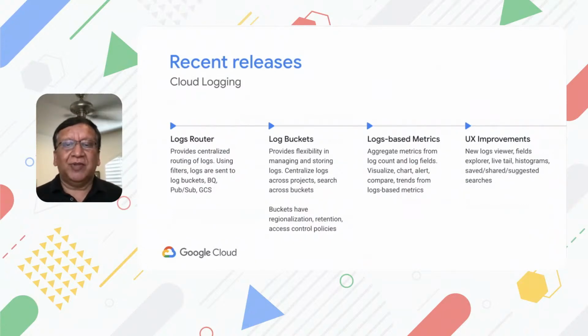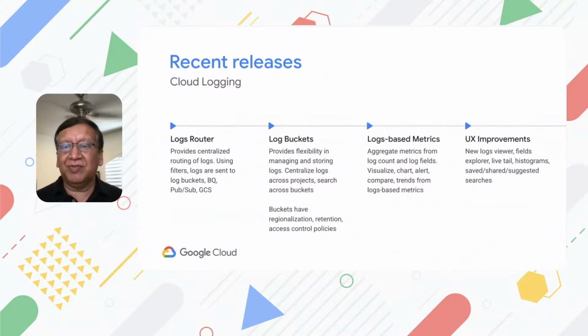Logs-based metrics enable customers to derive metrics from log events by doing one of 2 things: either by counting the number of log events that match a certain pattern, or by aggregating values from a field across different log events.